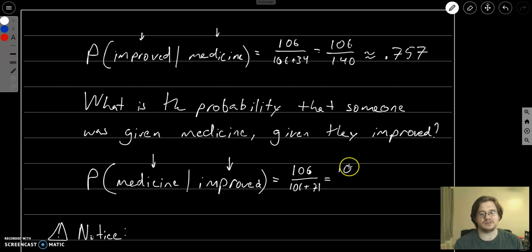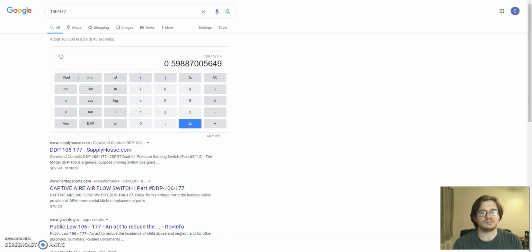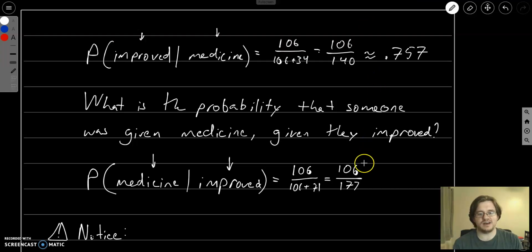So this is going to be 106 out of 177, which I calculated earlier to be about 0.599.